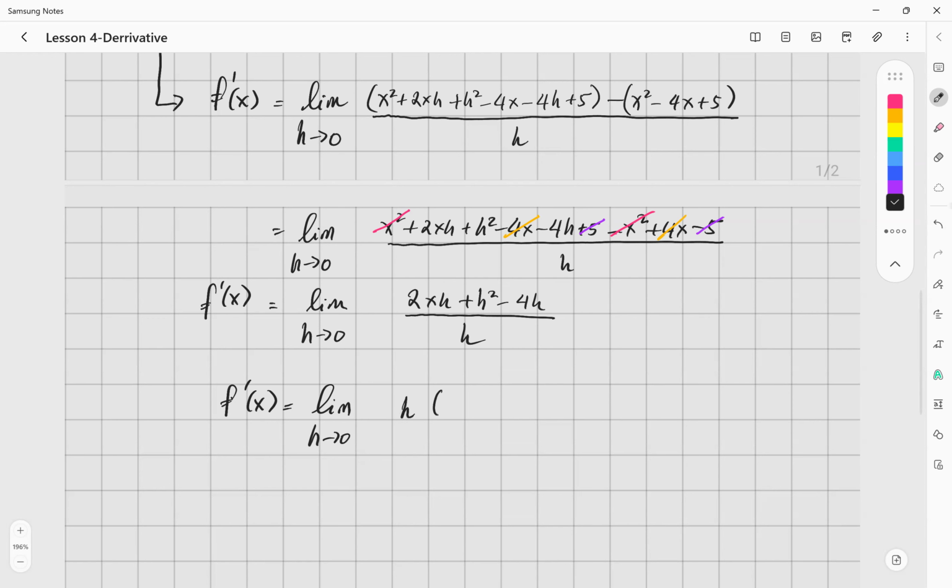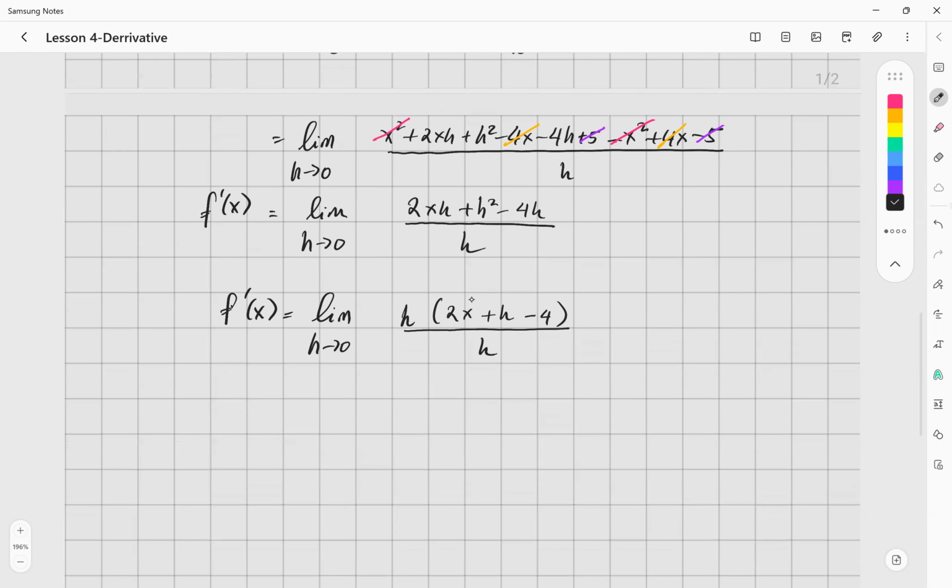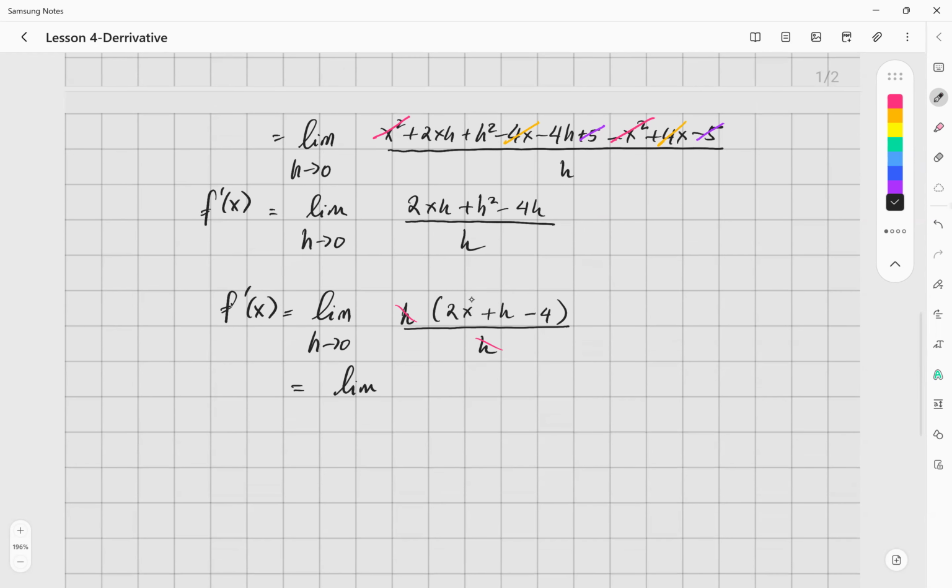So h times 2x plus h minus 4, divided by h. So your h will be cancelled out, and all you are left with is the limit of 2x plus h minus 4 as h approaches 0.